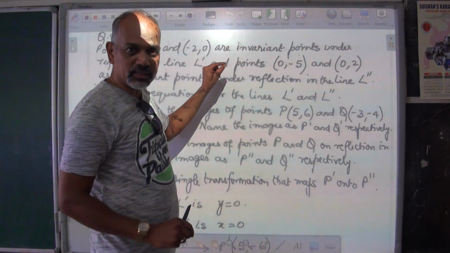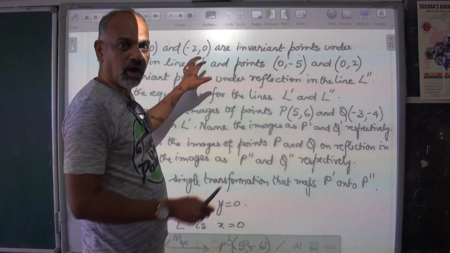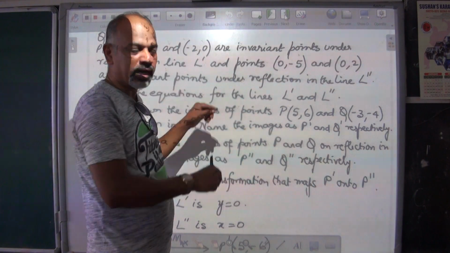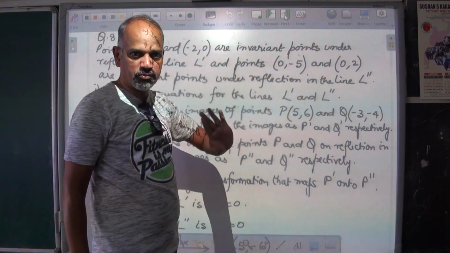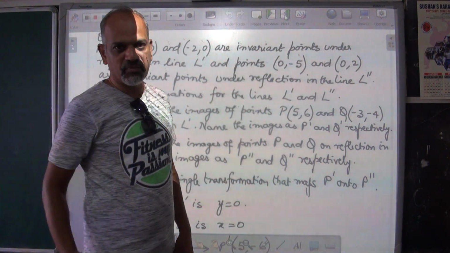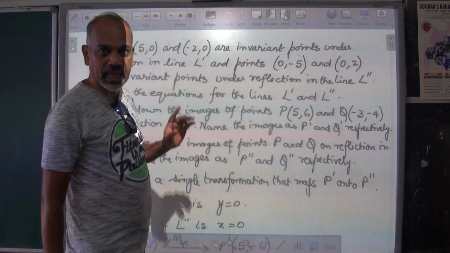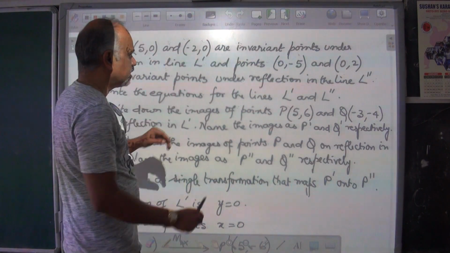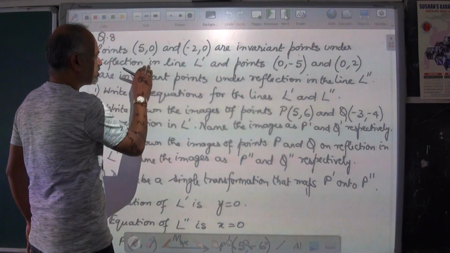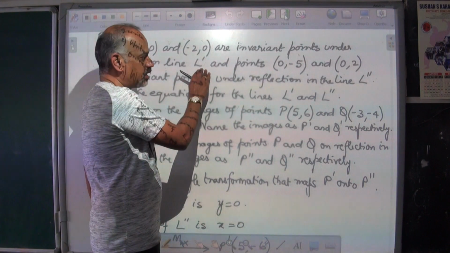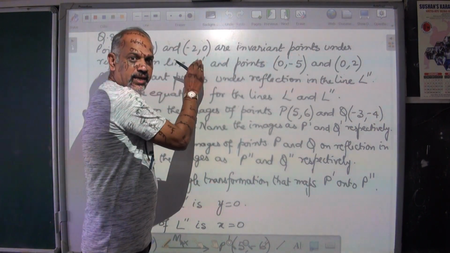And if you reflect these points on the same line where they are lying, then they become invariant points, which means they do not change even after reflection. So first thing is you have to find on which line these 2 points are lying. Here it says they are invariant points under reflection in line L dash. So you have to find what is this line L dash.